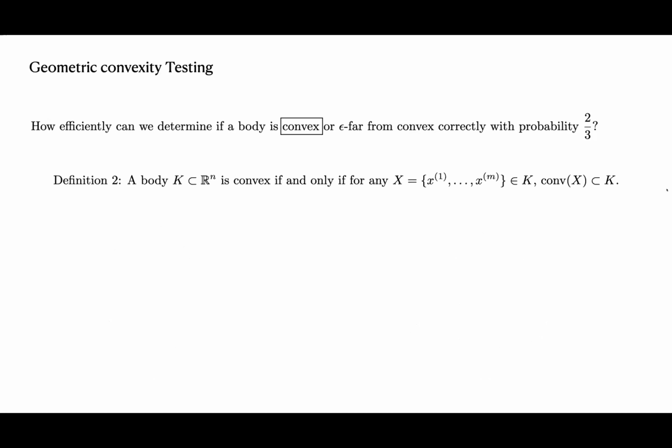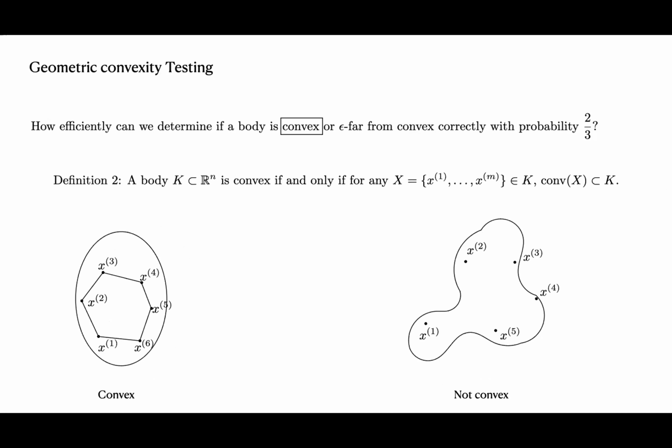You take any number of points from within the body, and if the convex hull is contained inside the body, then the body is convex. And if there exists a set of points from the body such that the convex hull goes outside the body, then the body is not convex. I hope the definition of convexity is clear.